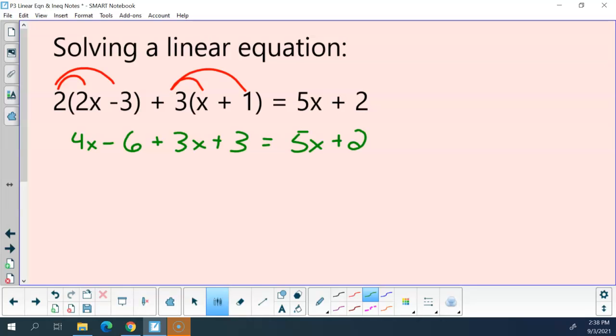Distribute first, yes? Now, if you combine the like terms, then you would have 7x minus 3 equals 5x plus 2. But if you wanted to go directly to subtracting, you could subtract off 5x and at the same time add 3.